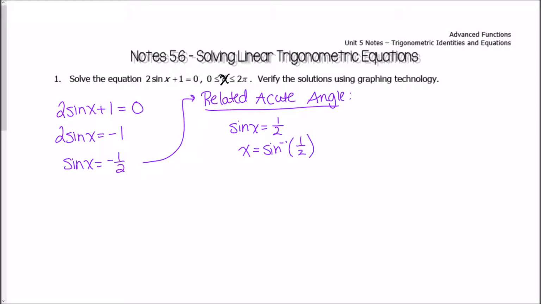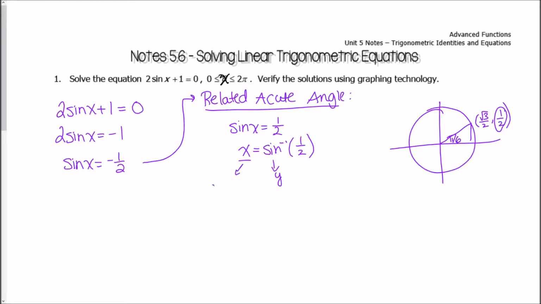Looking at my unit circle, I know that at pi/6 the coordinate is √3/2, 1/2. Sine is the y value, and the y value is 1/2, so the acute angle that I'm looking for has to be pi/6. Now I need to take a look at the fact that I'm looking for sine of x equals -1/2.